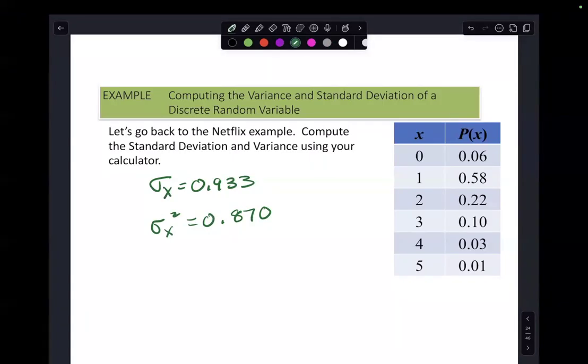I will probably ask you for an expected value of something and maybe ask you to interpret it. If you interpret it, all I want you to say is that if there were a large number of trials, we would expect the average to be this. That's all I'm asking of you. Say if there were a large number of trials, I would expect the mean to be 1.49 or whatever.